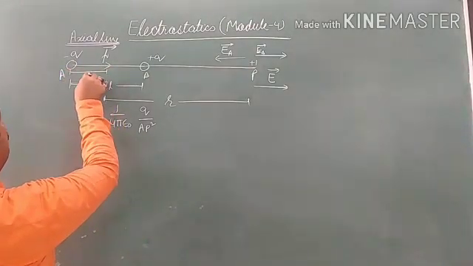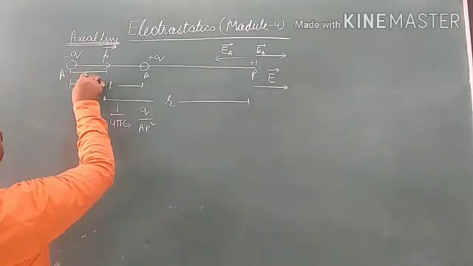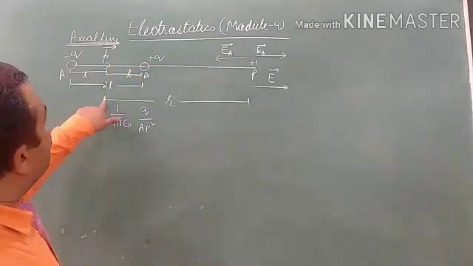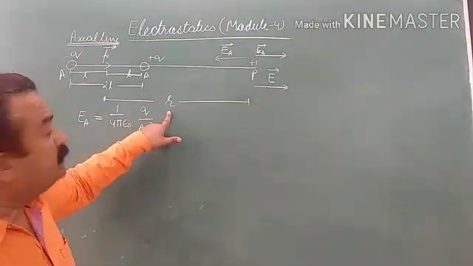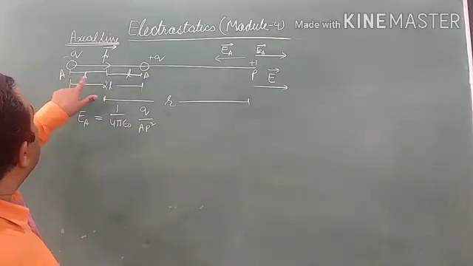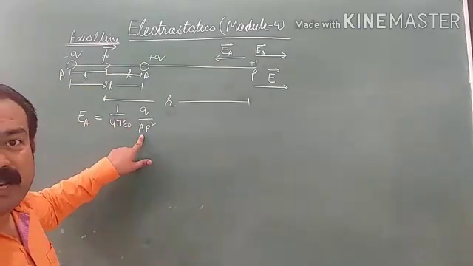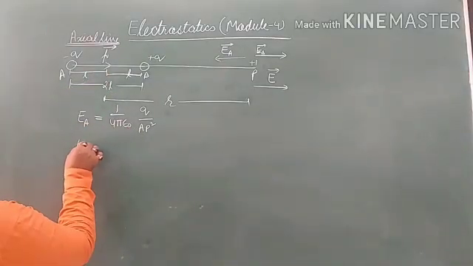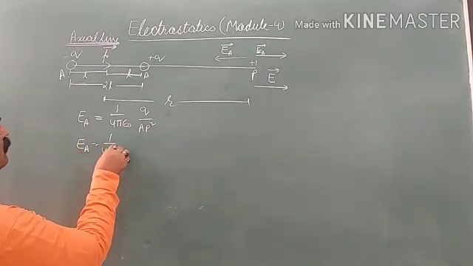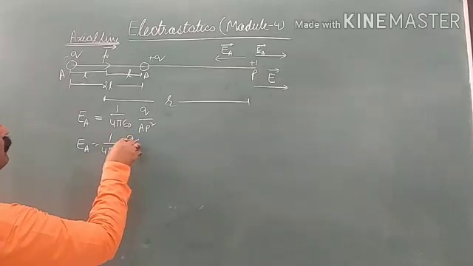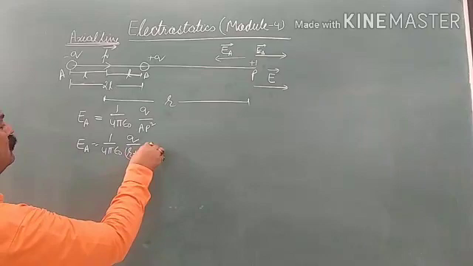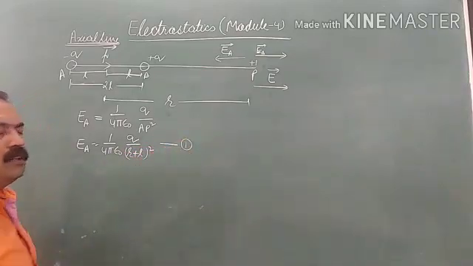The distance from the center to A is L, and this is also L, and from the center to point P it is R. So R up to here, and this distance is L. So what is the value of AP? EA equals 1 upon 4 pi epsilon naught Q upon (R plus L) whole square. This is our equation number 1.